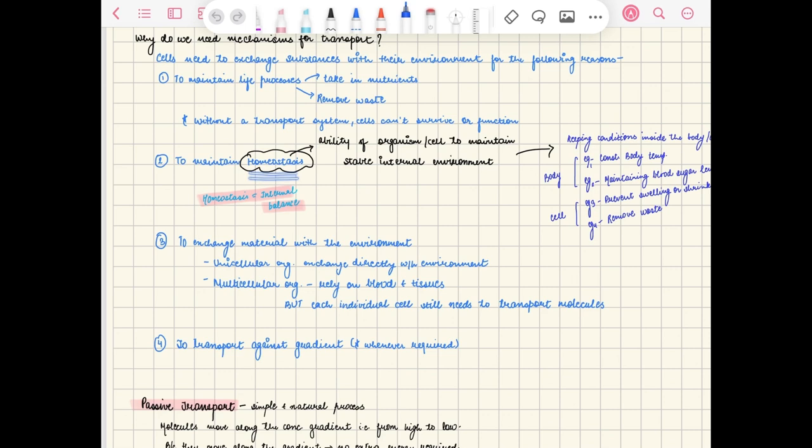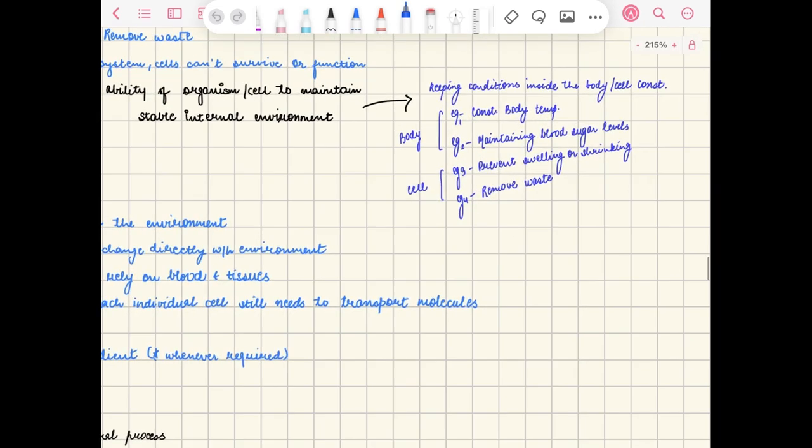maintain homeostasis. Homeostasis is the ability of the organism or the cell to maintain a stable internal environment, right? Now, you can just think of it as the body's balancing act to keep everything just right, like the temperature, water, or sugar levels, etc. Now, if we take some examples, the first example I've taken is for both body and the cell.